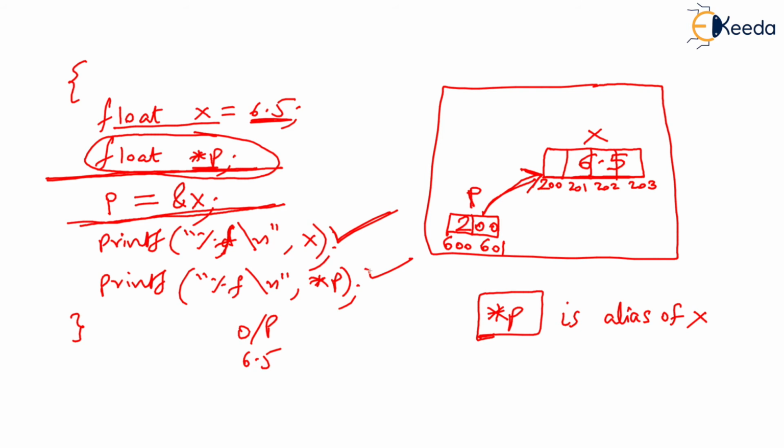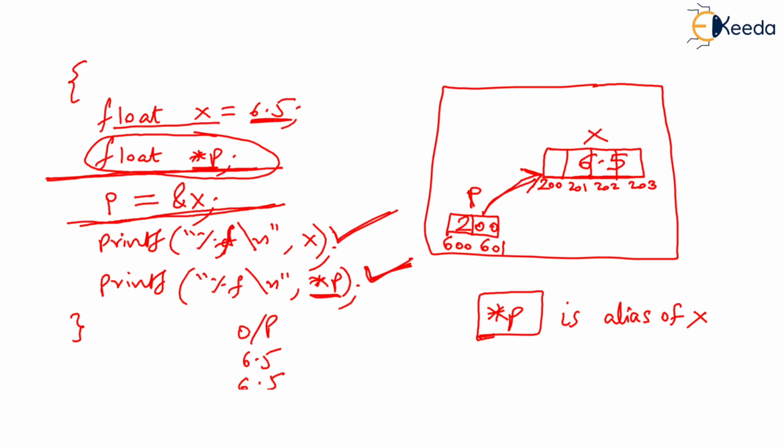But this line is not printing x directly, it is printing x using the notation asterisk p, and asterisk p means value of x. So this will also print 6.5. But then the very important takeaway over here was that whether a pointer has int type or float type, it will always occupy 2 bytes of memory.